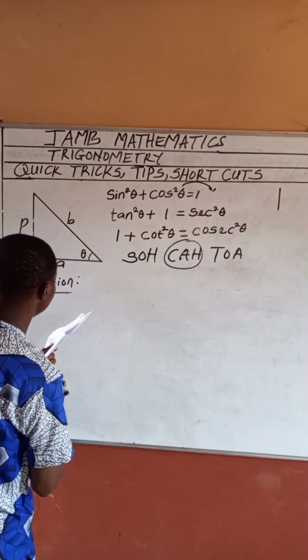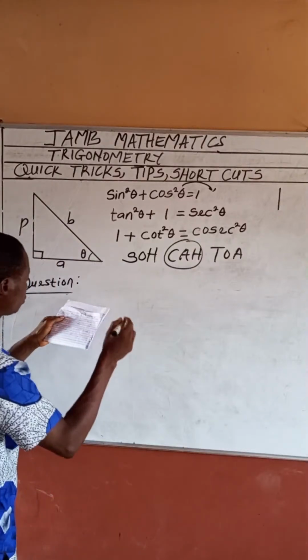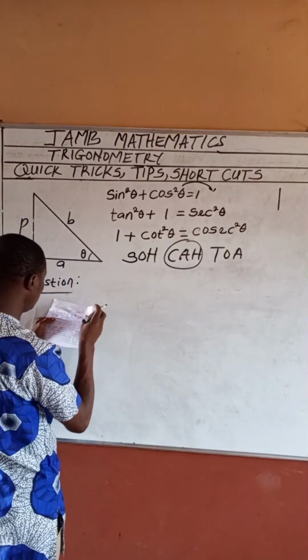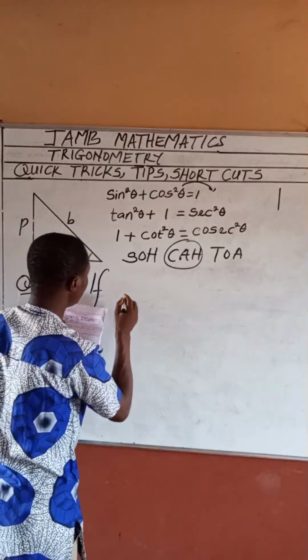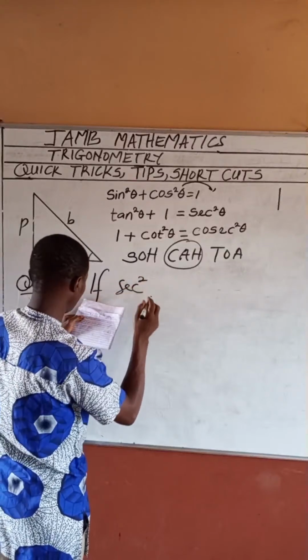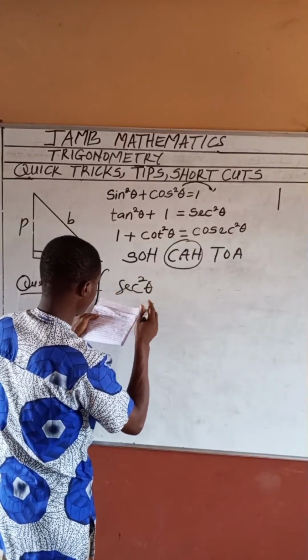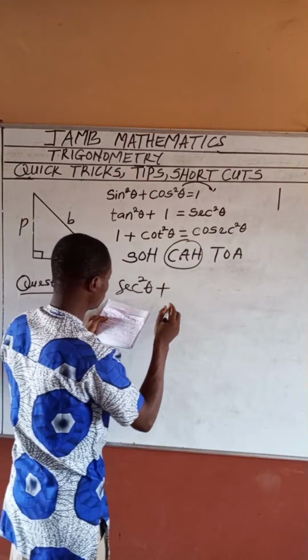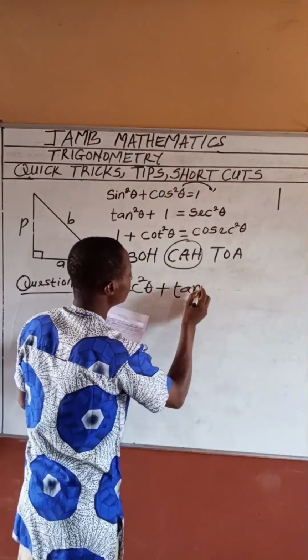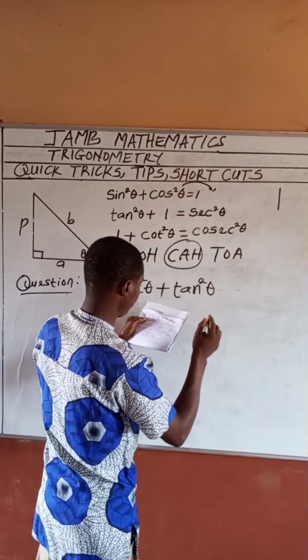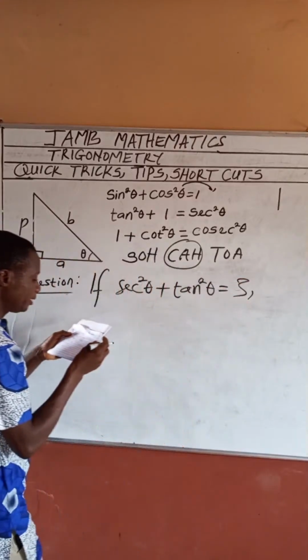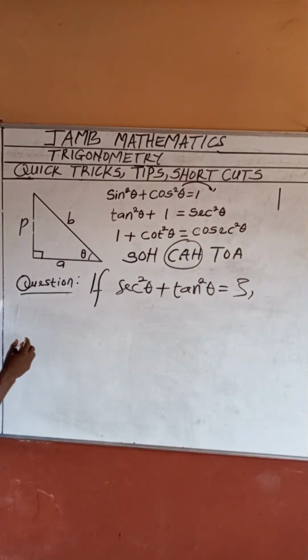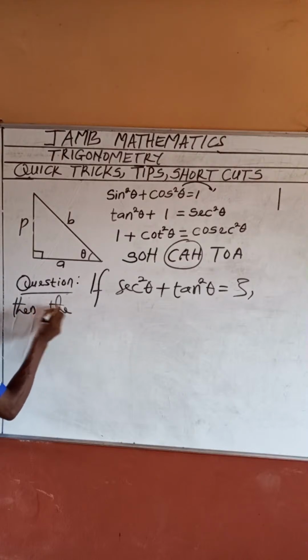So the next one here is called trigonometric equations. We are going to do trigonometric equations now. If sec square theta plus tan square theta is equal to 3, the question is, then the angle theta is equal to what?